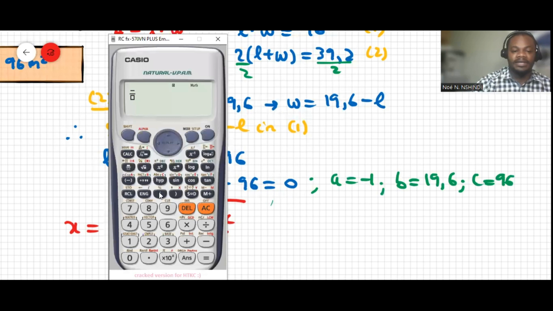So it's going to be minus B, which is minus 19.6, plus the square root of 19.6 to the power of 2 minus 4, A, which is -1, and then C is 96, all over 2A, which is -1.